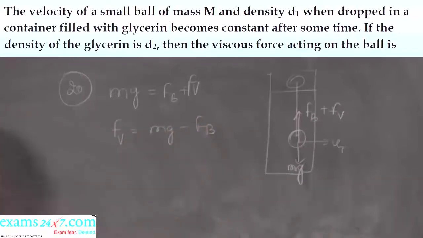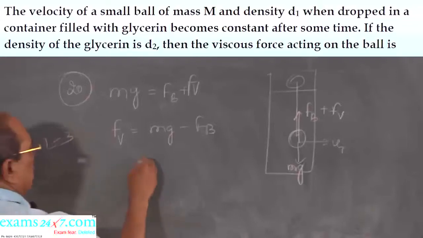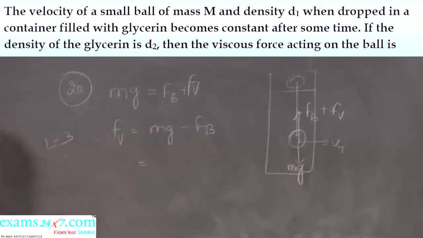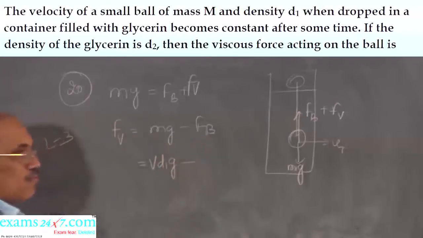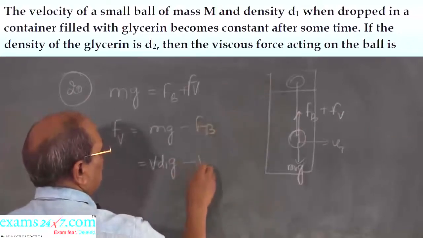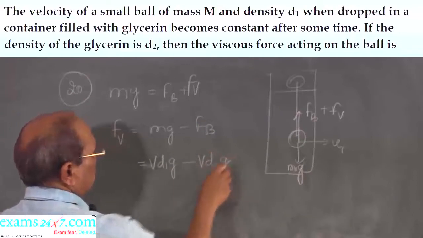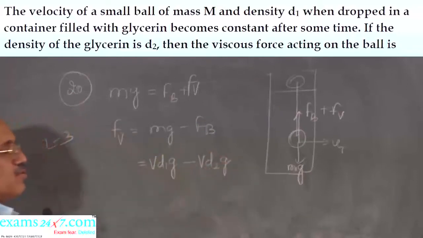Answer: it is a level 3 question, no doubt. This mg you can write as volume into density d1 into g. Force of buoyancy is the weight of liquid displaced: volume is the same, density is d2, the density changes, it is of liquid, it is of solid. M is brought into the answer, mass of the body is given.